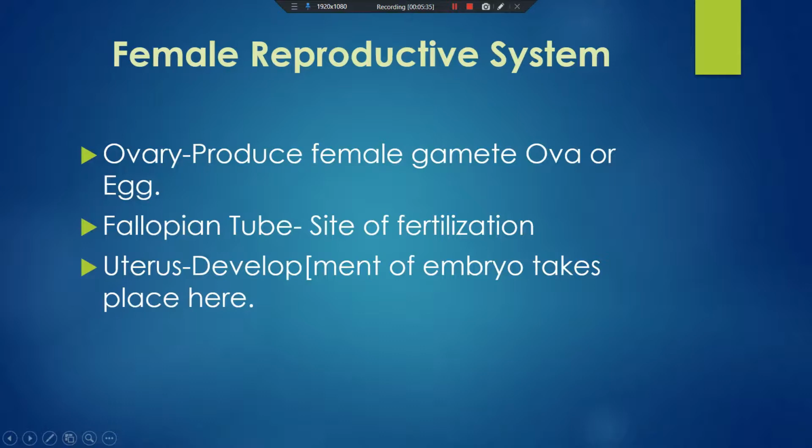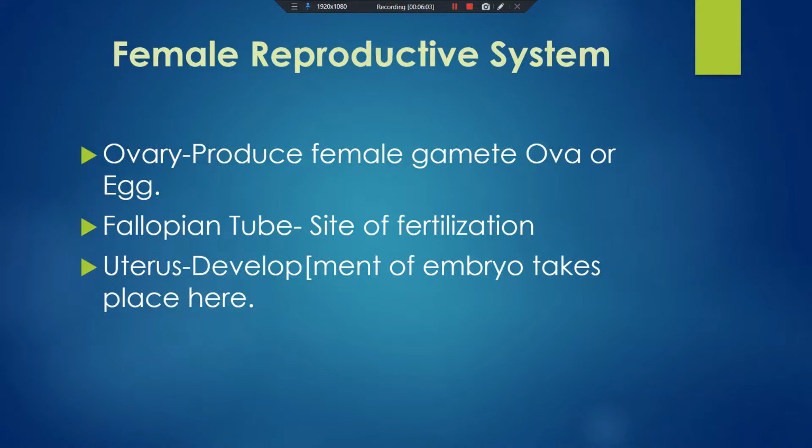One pair of fallopian tubes is present. Each arises from the ovary, and the function of the fallopian tube is that it is the site of fertilization. The ovary releases the ova, it comes to the fallopian tube, and here the fertilization occurs. Another name of the fallopian tube is oviduct.